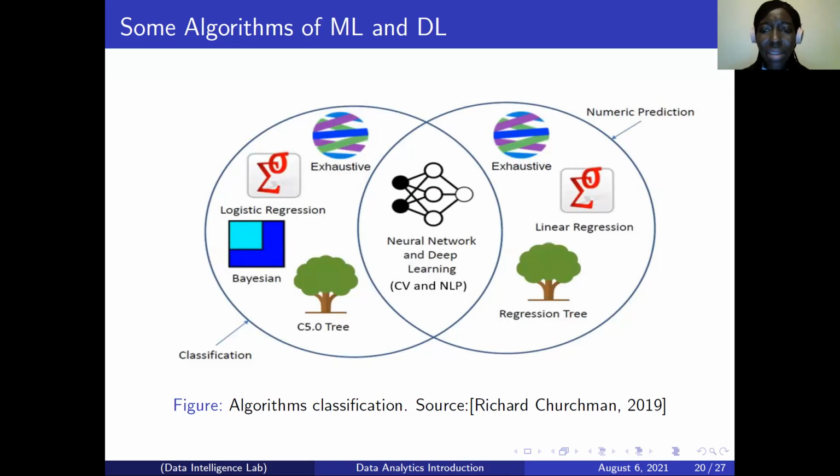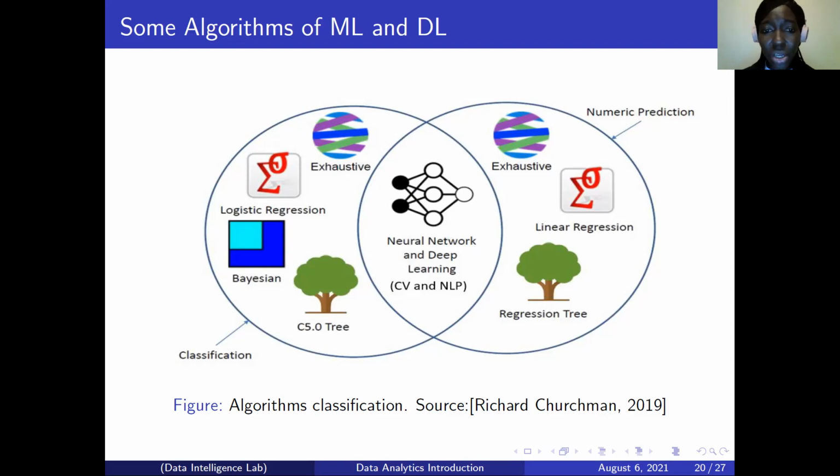Then if you're looking at things that have to do with quantifying, or that have to do with figures, for instance, you as a sales analyst want to be able to predict the sales figure for the next month, the following month, and then use that to prepare your sales reports and things like that, then you're looking at numeric prediction, and algorithms like linear regression and regression trees are very useful for that, most especially linear regression.